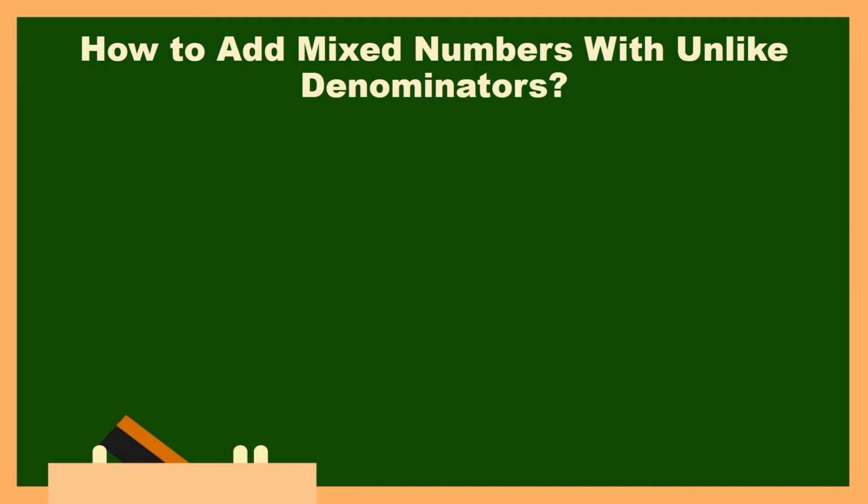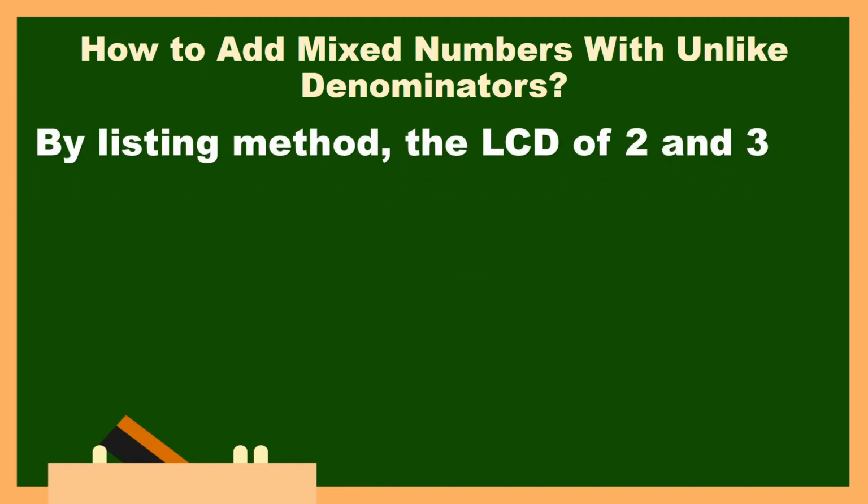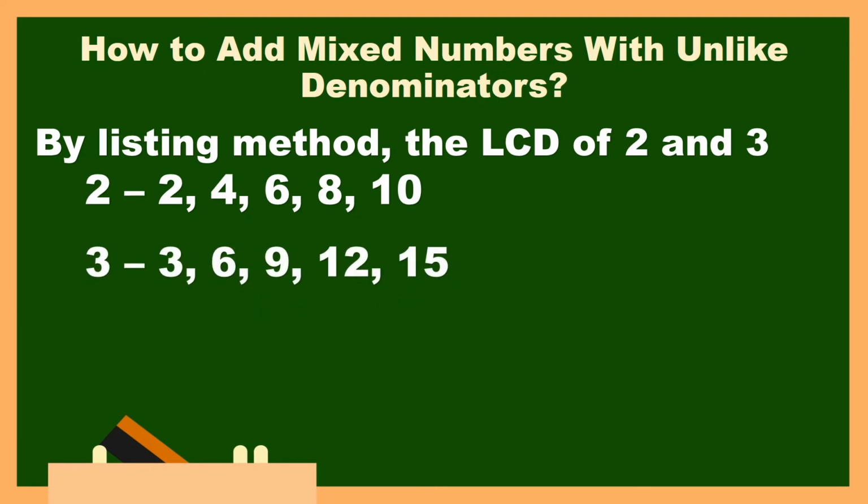This time, we will use the traditional listing method to find the LCD of 2 and 3. Ang 2 meron siyang multiples na 2, 4, 6, 8, and 10. Ang 3 naman meron siyang multiples na 3, 6, 9, 12, and 15. And our LCD is 6.